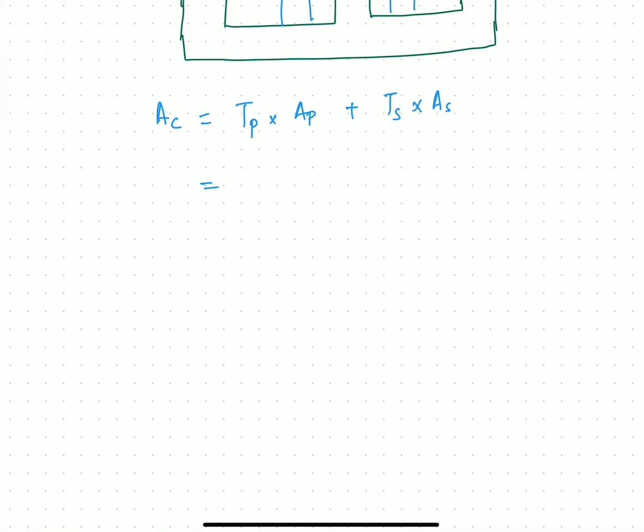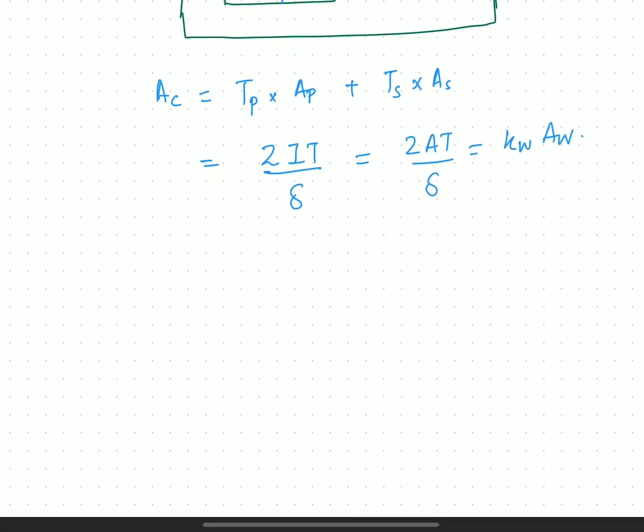Knowing that these two ratios are the same and they are equal to the MMF and using the current density as well, we come to this conclusion that AC is KWAW. So it is easy to show that Q in kVA for the shell type transformer is also equal to 2.22 FBM delta KWAW AI times 10 to the power minus 3.